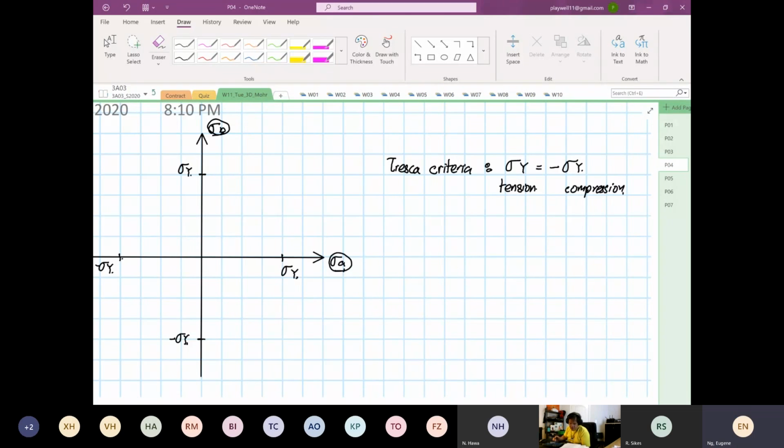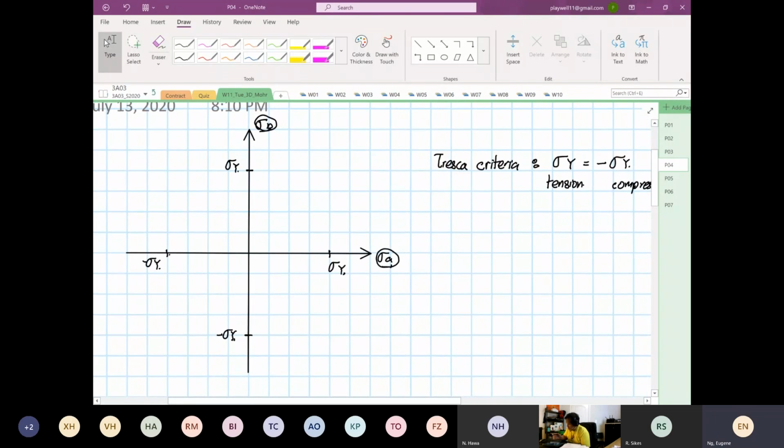Okay, so Tresca sketched this. Now, this is stress A and stress B. These are the principal stresses. And then he developed an operating boundary. So this is the operating boundary.